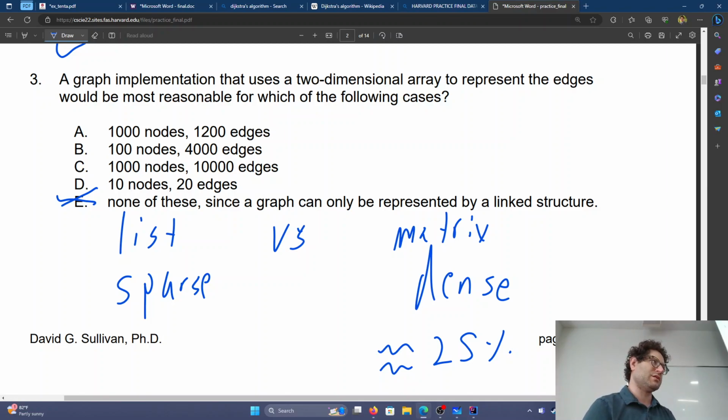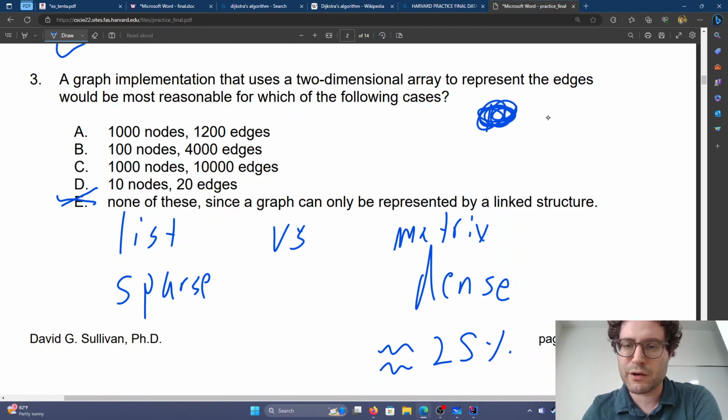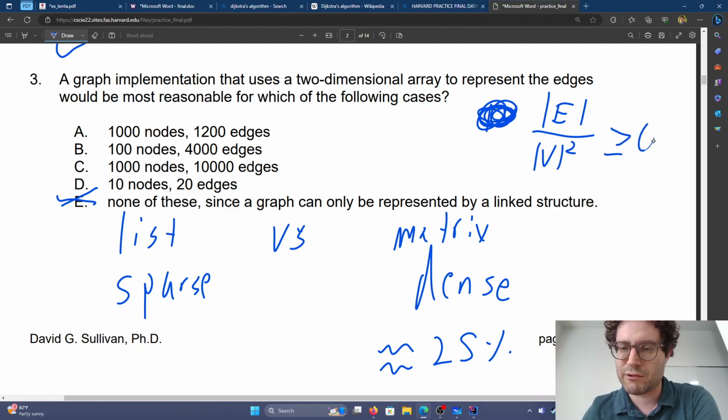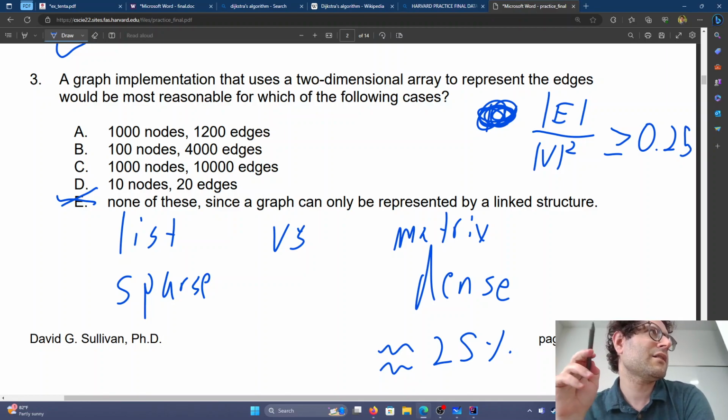In other words, the number of edges divided by V squared, where V is the number of vertices, is greater than or equal to 0.25. Make sense? 25% of the possible edges exist.